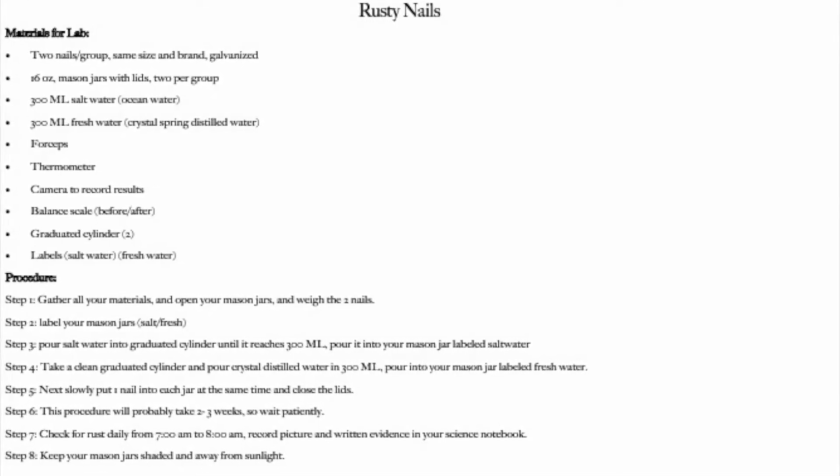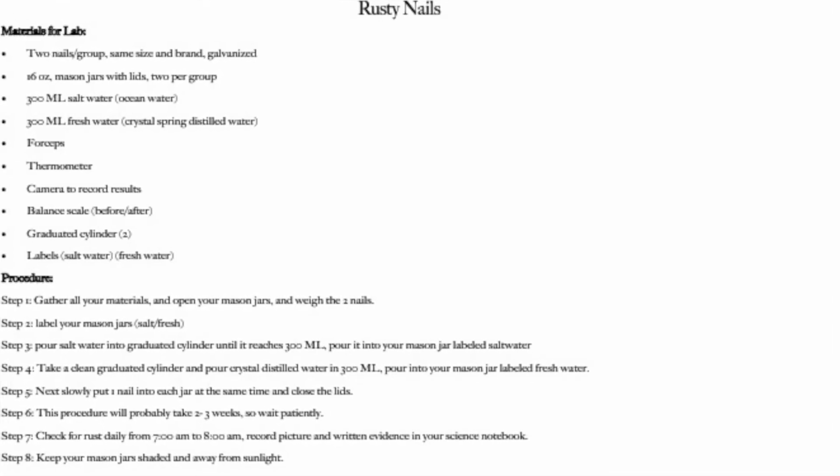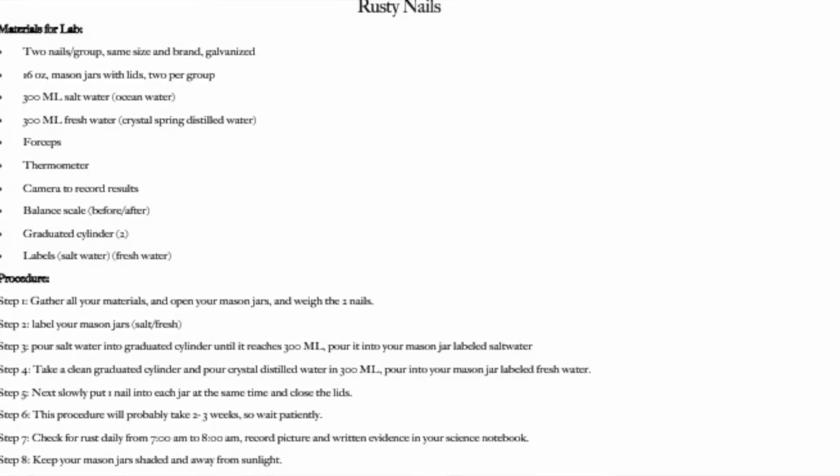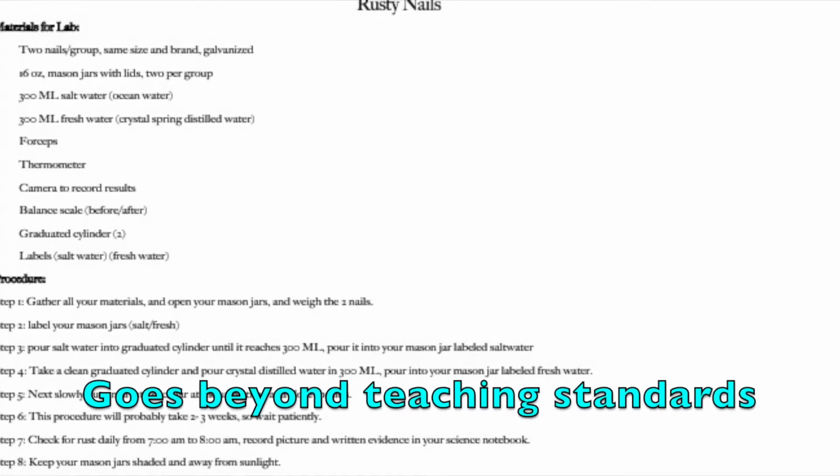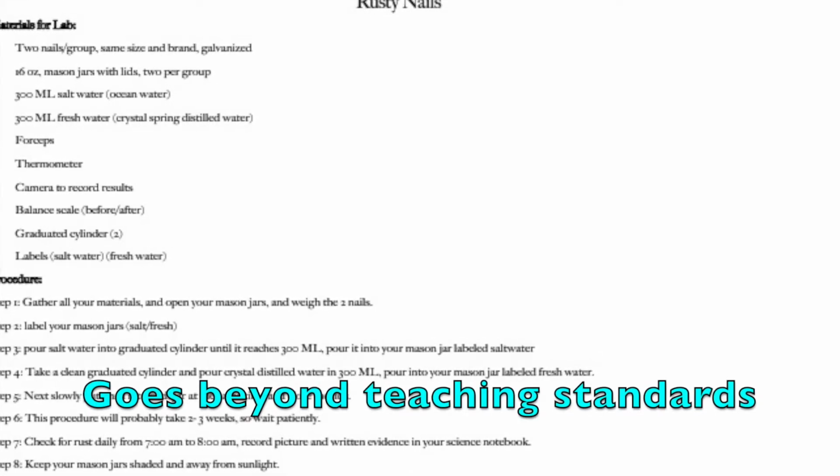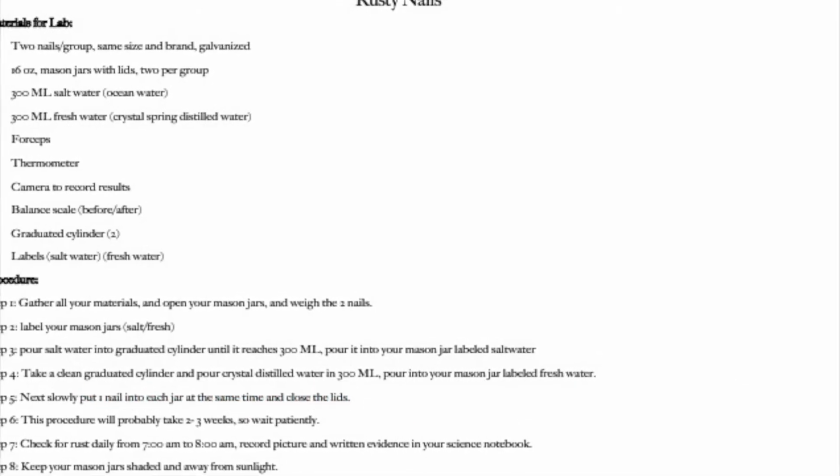But as I'm reading through this lab activity, first of all, I don't think it's really inquiry-based, and the other piece that I notice about it is it's really about an experiment involving fresh water and salt water, and probably looking at which one actually helps a nail to rust faster or rust more. So I'm not sure that part's going to really work with my lesson, but I do like the real-world connection.